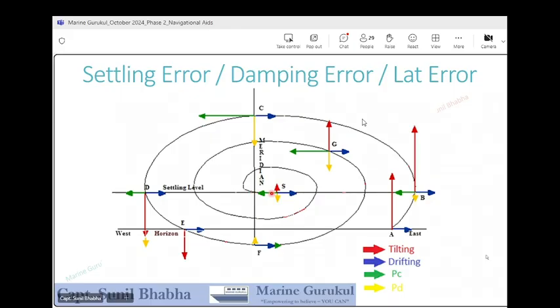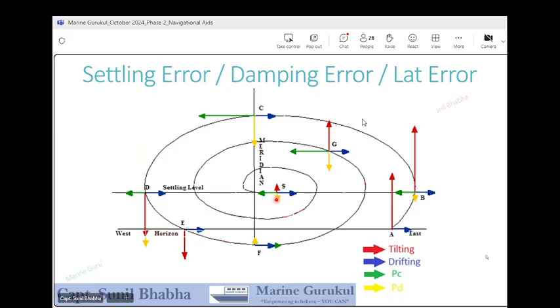So we will have a downwards damping precession generated because of this up tilt. And now to cancel out this downward damping precession, we will need to have an upward tilting. This downward damping precession can only be counteracted or cancelled with an upward tilting. So we need to have upward tilting equal and opposite to the downward damping precession which is generated because of up tilt.